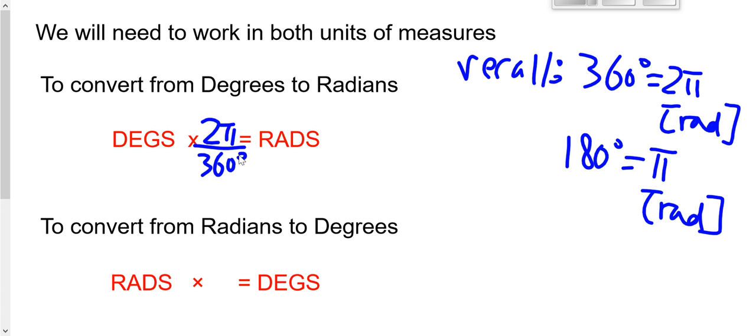But as I said, if I were you, I would use this. It's nice and easy, the reduced, simplified form. You can replace this by, let me use a different color, pi over 180.